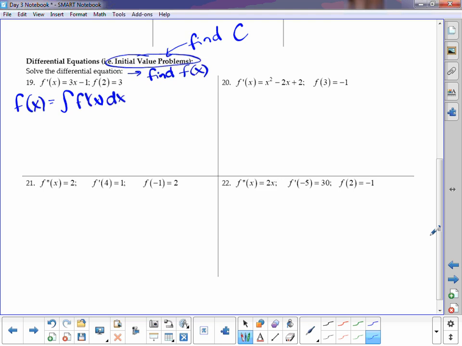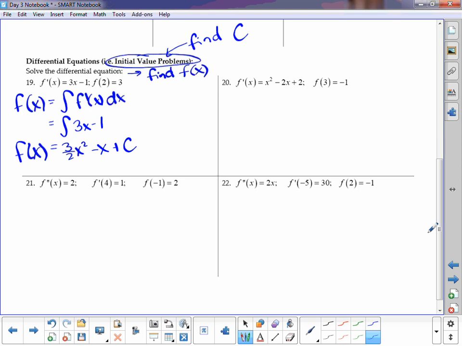So if I integrate my derivative, that gets me back to my original, which is what we were doing in the beginning. Okay. Well, they gave us our derivative, so the integral of 3x minus 1. And what does that give me? 3/2 x squared minus x plus c. Good. So we still have to write that plus c because it is an indefinite integral. But now we have a function for f of x, just we don't have that constant.